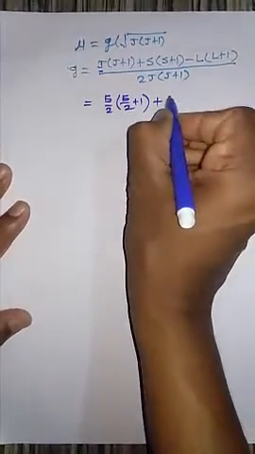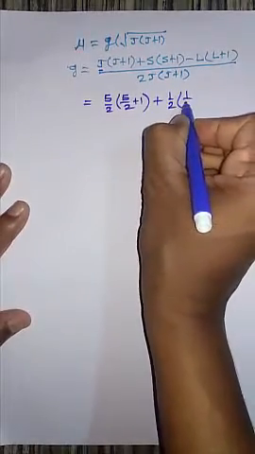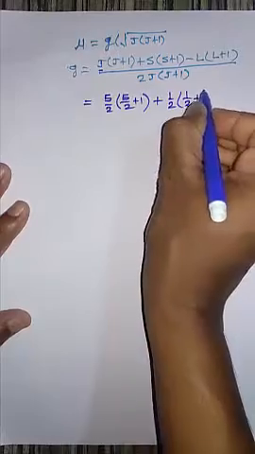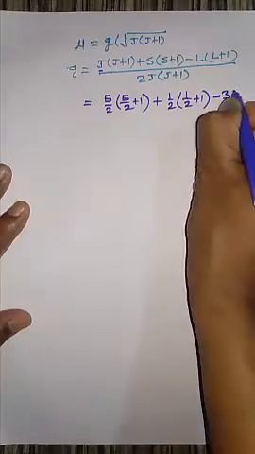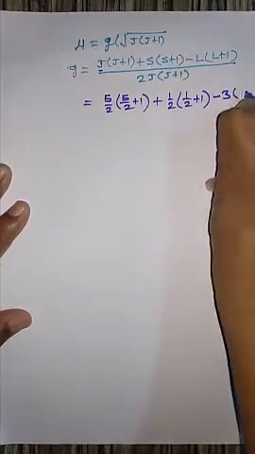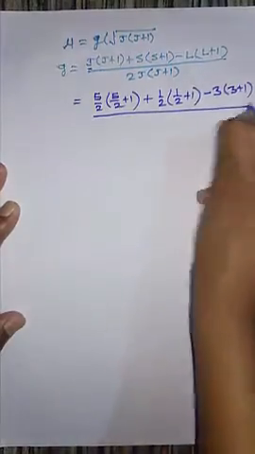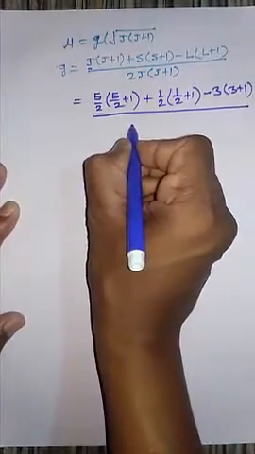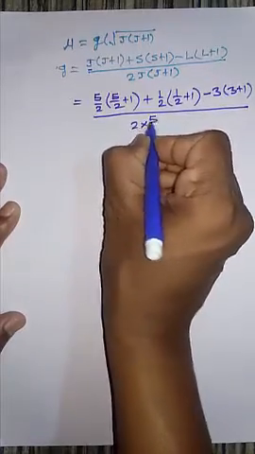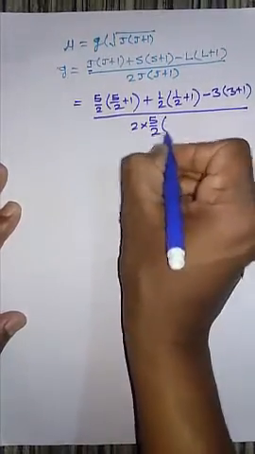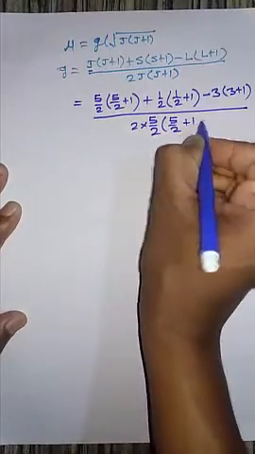We have 1 by 2 into 1 by 2 plus 1, minus what is the value of L? 3 into 3 plus 1, divided by 2 into the value of J, that is 5 by 2 into 5 by 2 plus 1.